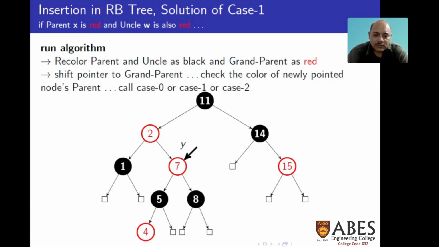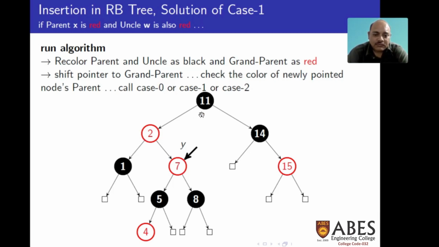If the newly pointed node, parent and grandparent are in a left-right or right-left combination, that means there is a dog-legged or angular positioning, then it is case 2.